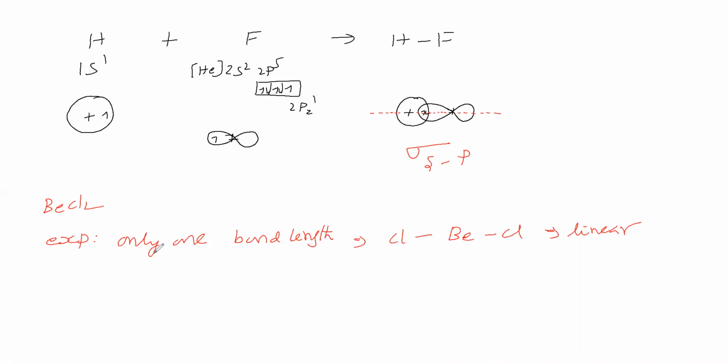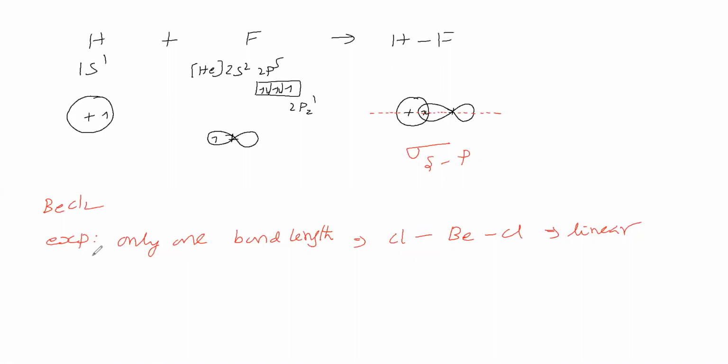Now, only one bond length. The meaning is that this bond distance and this bond length are equal. That means the nature of this bond and the nature of this bond is the same, and the distance between the centers of these two nuclei and the distance between the centers of these two nuclei are equal.